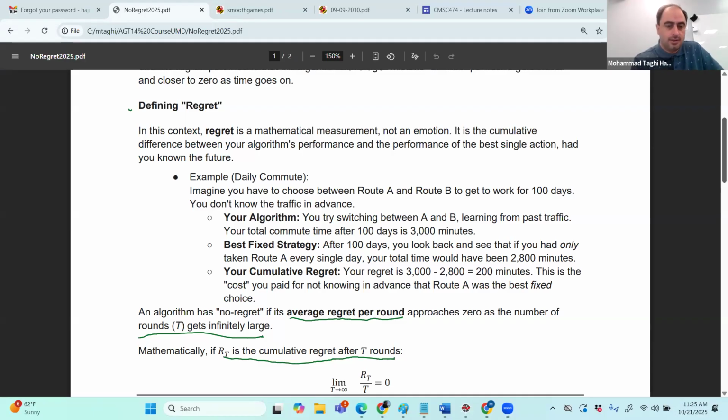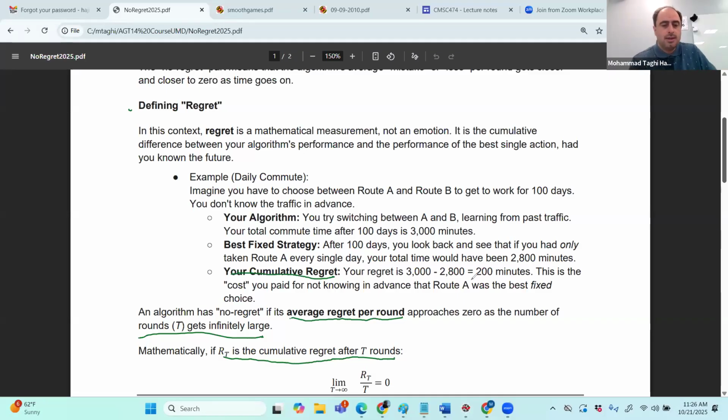in that case, the cumulative regret was 3,000, your total travel time, minus 2,800 if you took the best among A and B, and you just take that one as a fixed strategy. Then it was 200 minutes.